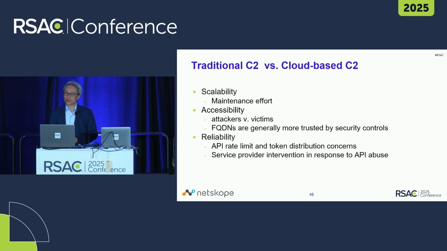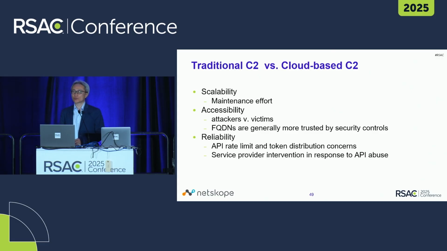Furthermore, the FQDNs used by those services are highly trusted by security controls, so they have high accessibility among the victim users. So we don't need to worry about whether your C2 activity might be blocked somehow. I don't think organizations will block YouTube.com, for example.